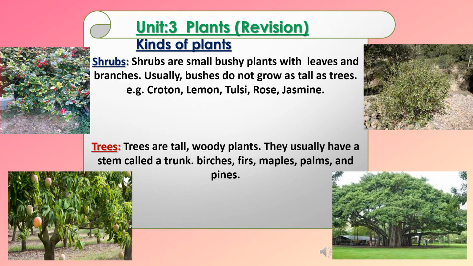There are some examples of trees like mango tree, apple tree, fern, palms, pines. There are many trees around us, and these trees are very tall. There are some fruit trees, and there are some trees that do not have any fruit also.